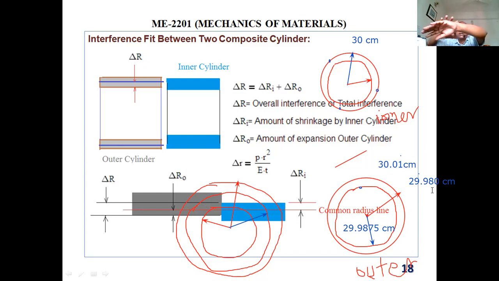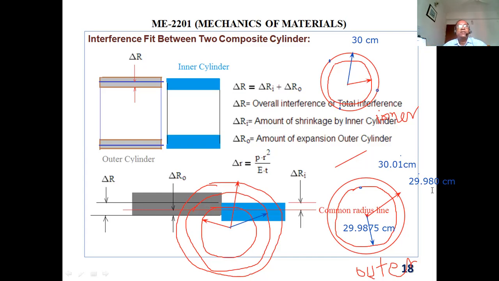What happened in the common radius? With this one I am holding my hand, so I am pressing my hand, applying pressure from the top, all the side, right? But if I have a muscle man, normally you call a six-pack man, then what will happen? I'll feel pressure right over here.